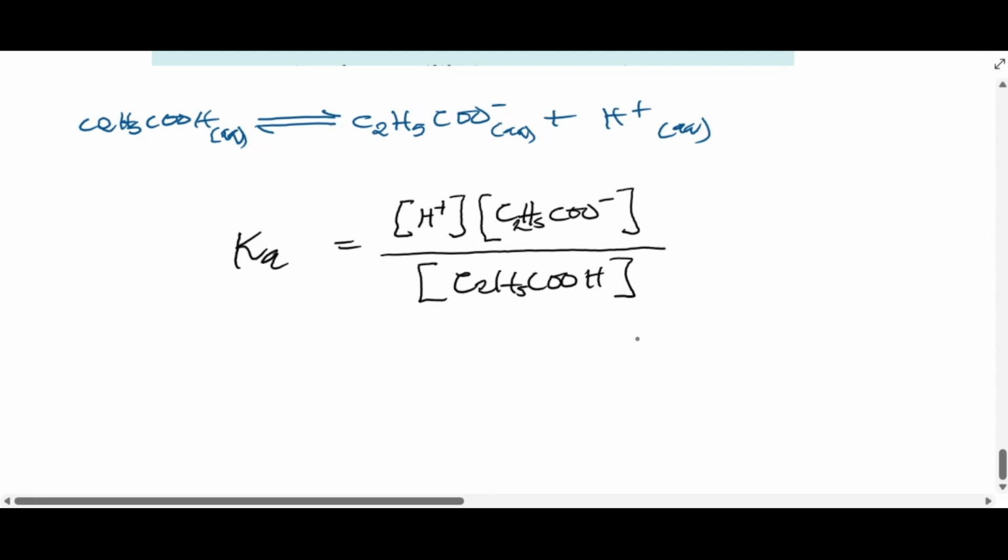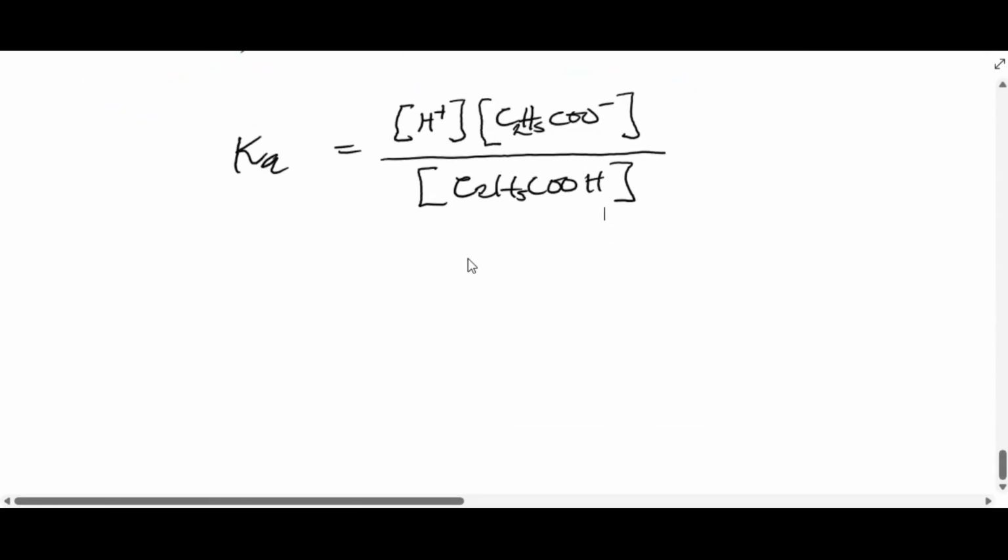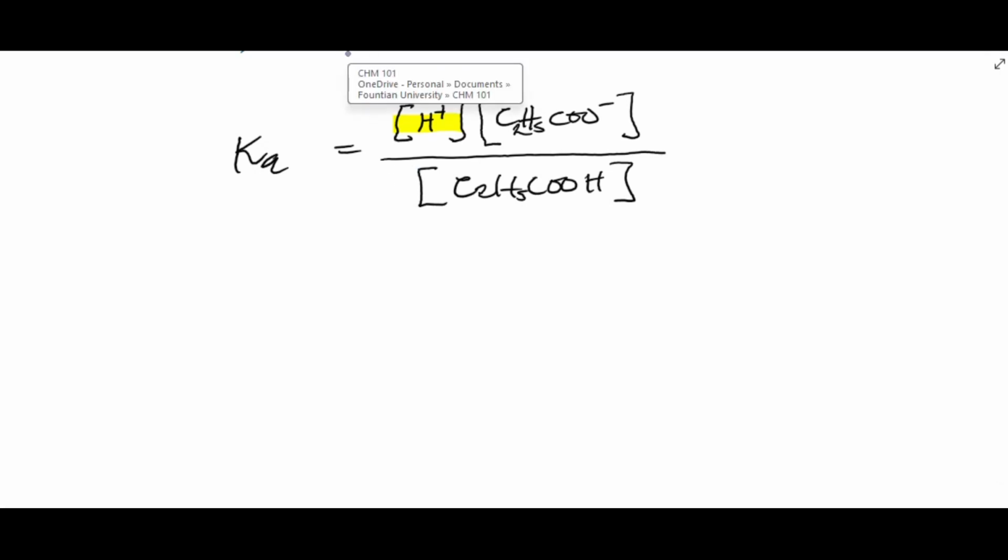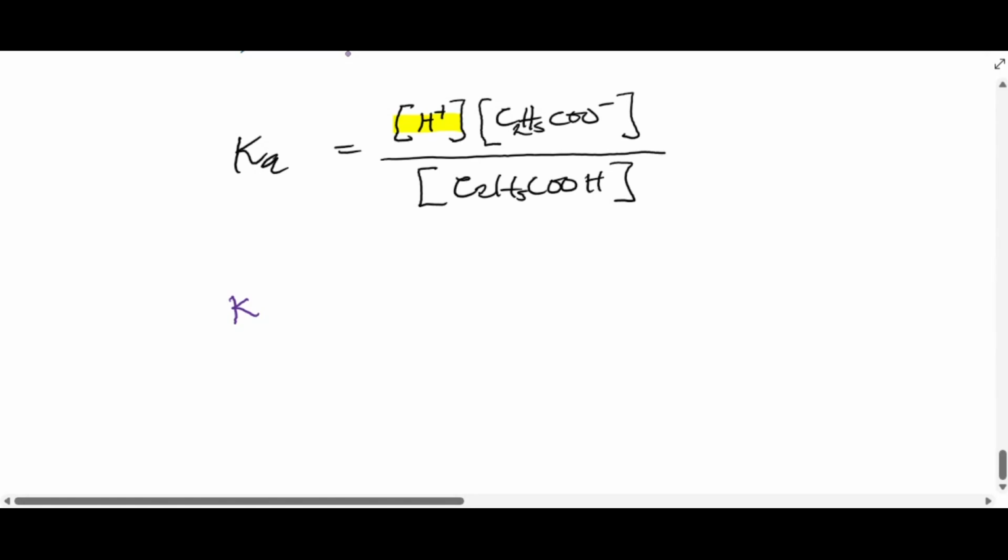Now remember, we are calculating the pH. The pH has to do with the concentration of hydrogen ion. So we need to make the concentration of the hydrogen ion the subject of the formula. So let's do that. So hydrogen ion concentration, H plus.